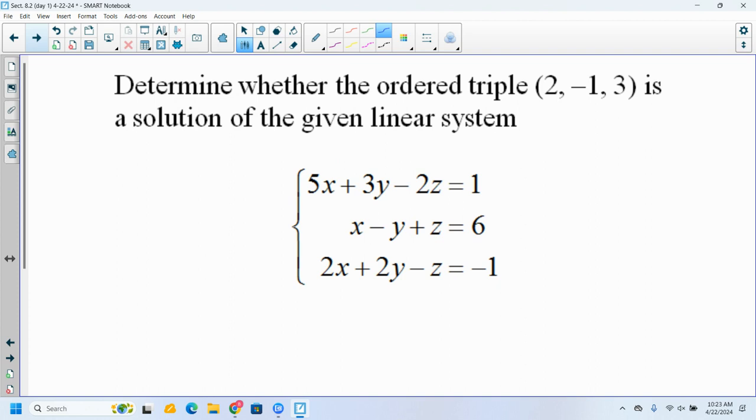So if you want to split the work and try 1 or 2 or whatever, but it shouldn't take much. All you're doing is plug them in, see if it works. And it's got to work for all 3.